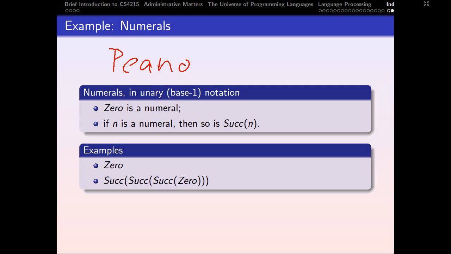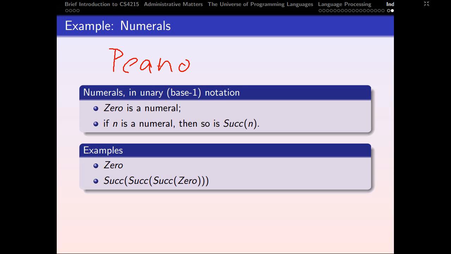And he did it in the following way. He said, well, there's this element 0 that I pull out of thin air, my universe of infinite objects. There's one that I distinguish and call 0. And then, if n is a numeral, so is the successor. I have this function called successor that gives me the successor of a natural number, of a numeral.